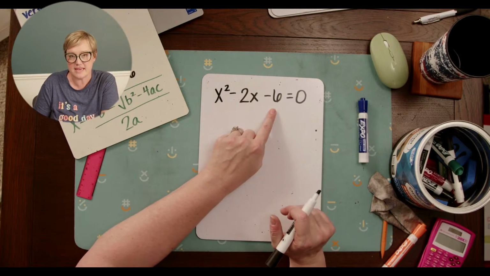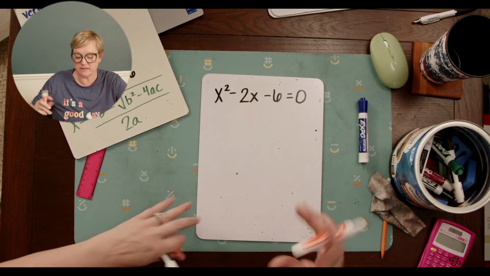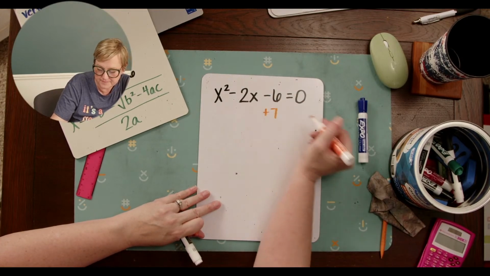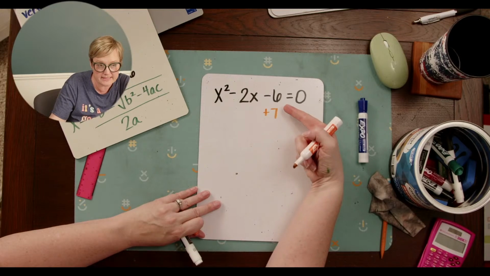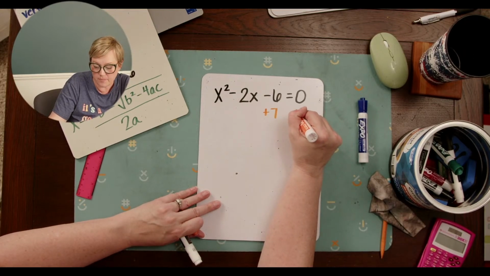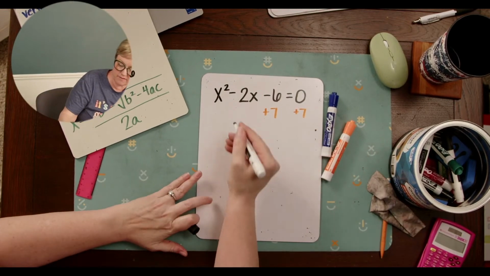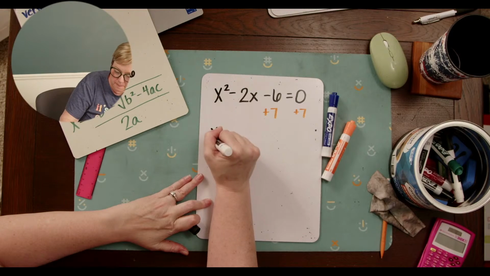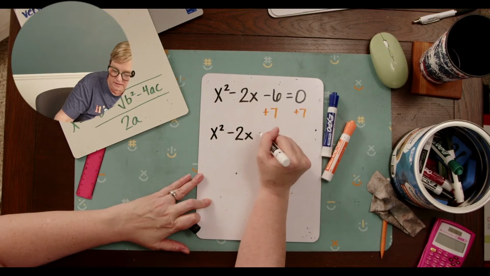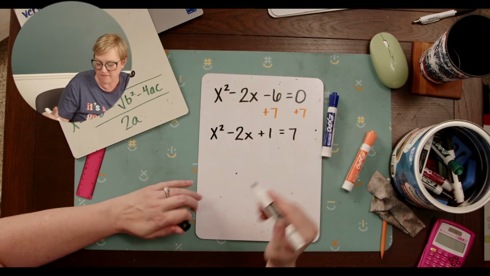So I need this to be a 1. So to complete the square, I'm going to add 7. Why am I adding 7? To make this into 1. But I've got to do it on both sides. So if I do that, I've got x squared minus 2x plus 1 equals 7.